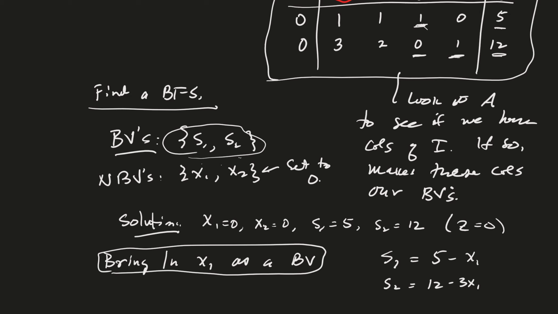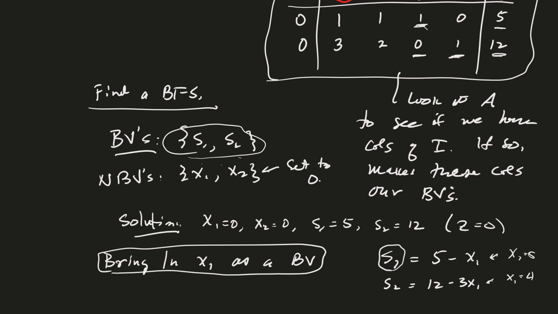Well, I want to increase x1 as much as I possibly can. Right, so from the top, I can make x1 equal to 5 before s1 becomes negative. And in the bottom, I see that I could bring in x1 to be equal to 4 before s2 starts to become negative.